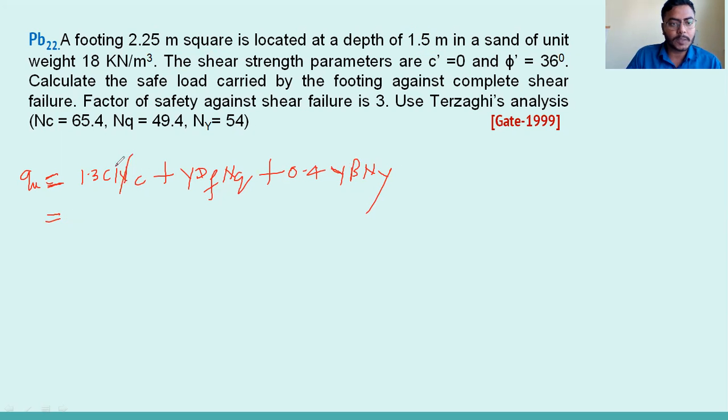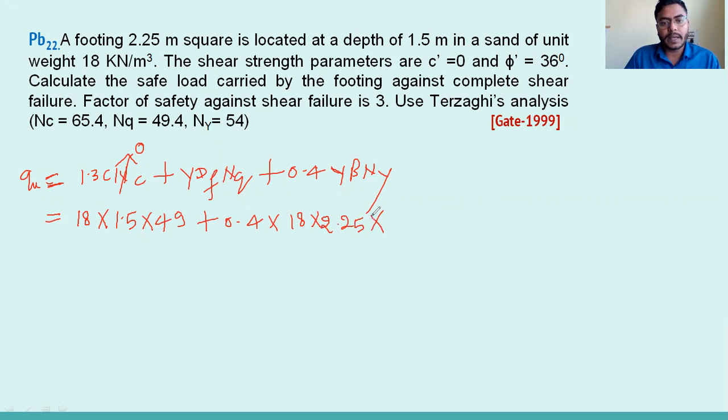Now check the expression. C is equal to 0, so that term will be 0. For the next terms, everything is given, so directly we can calculate. Gamma here is mentioned as 18 into DF, the foundation depth, 1.5, and Nq is 49, plus 0.4 into gamma 18 into B, 2.25, into N gamma, that is 54.